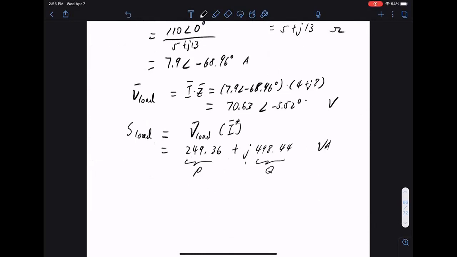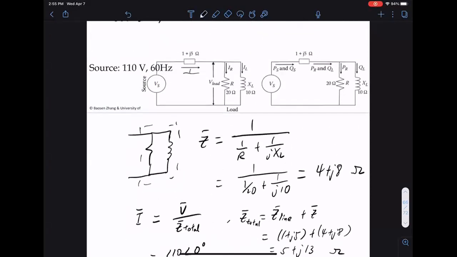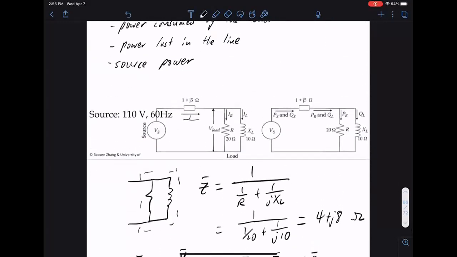We already know the current, and then we can use that impedance. So we know the power loss on the line. This is the magnitude of the current squared times the real part, the resistance part of this line.